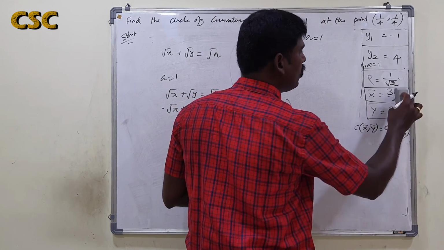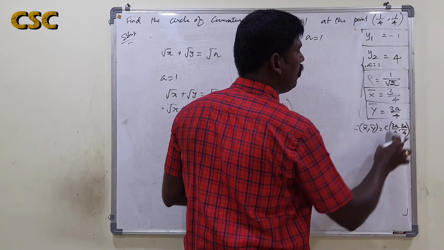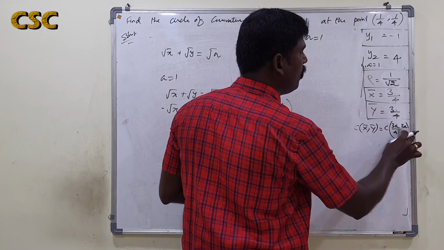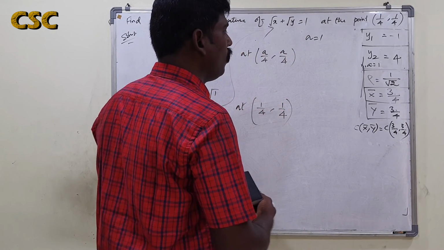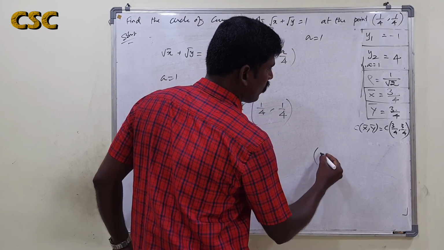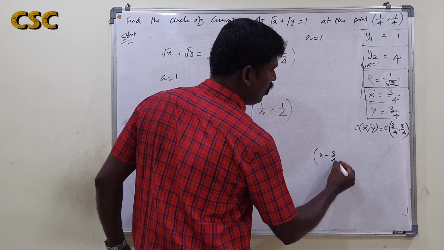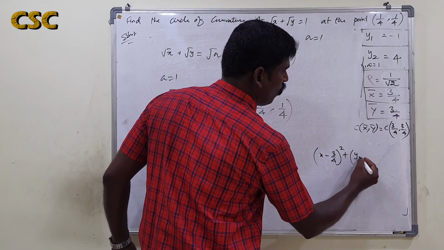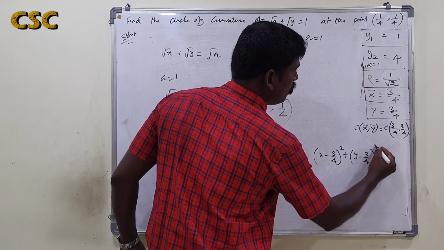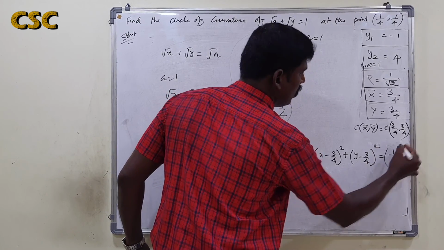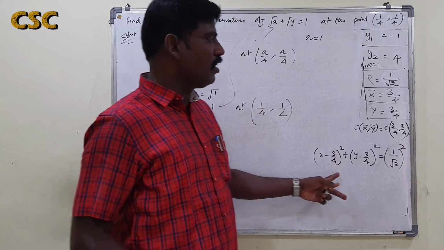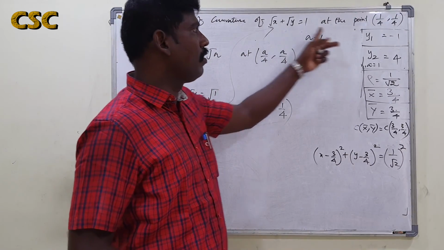And then x bar is equal to, by taking a is 1, 3 by 4, and y bar is also 3 by 4. Center of curvature is 3 by 4 comma 3 by 4. And then equation of circle of curvature is x minus 3 by 4 the whole square plus y minus 3 by 4 the whole square equal to 1 by root 2 the whole square, is the equation of circle of curvature to this curve at the point.